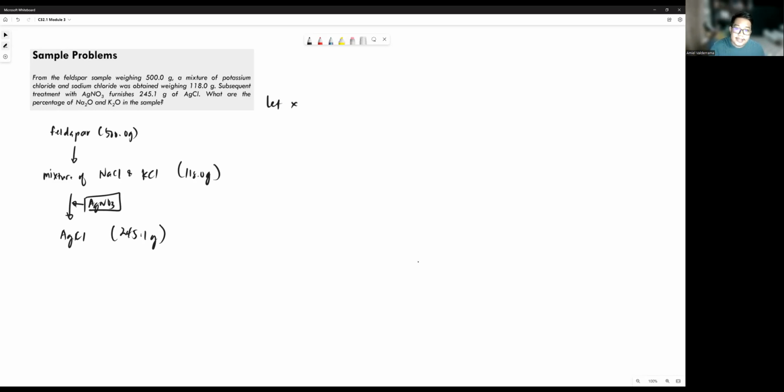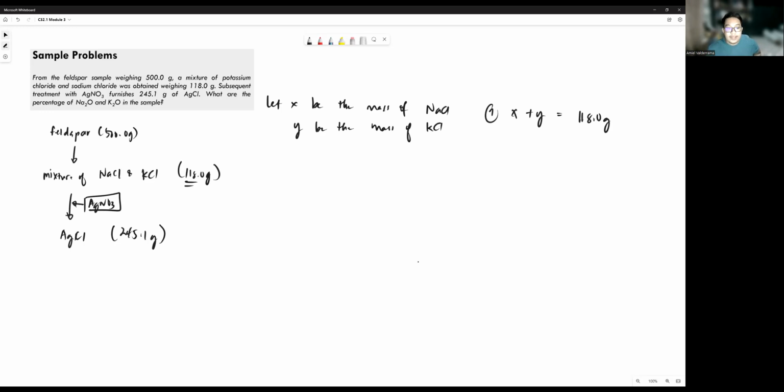So let X be the mass of NaCl, and let Y be the mass of KCl. Our first equation will look like this: X plus Y equals 118, since the mixture of NaCl and KCl is 118.0 grams.